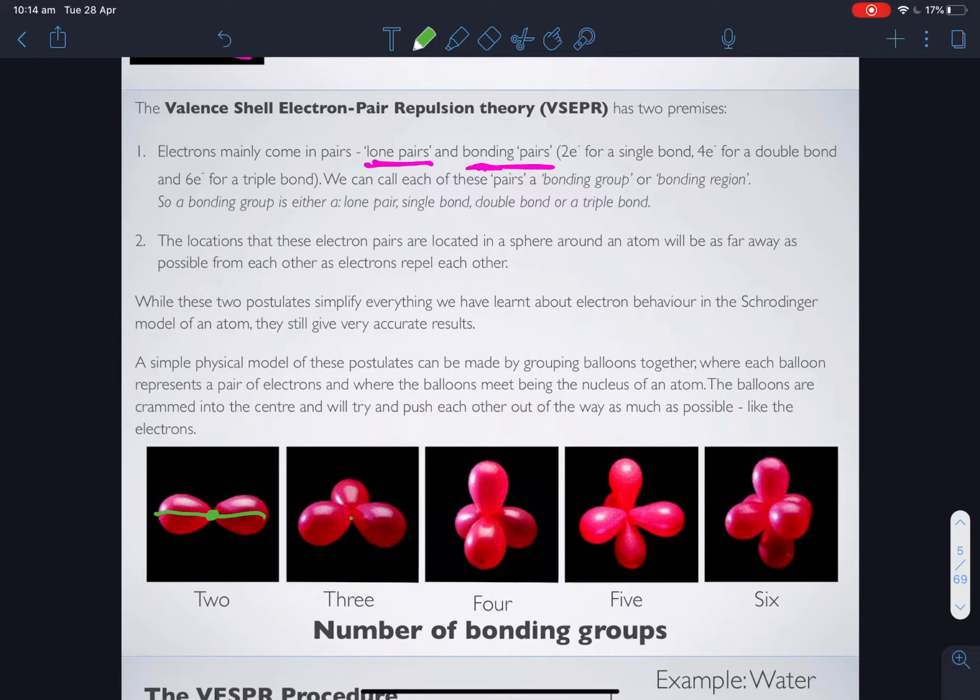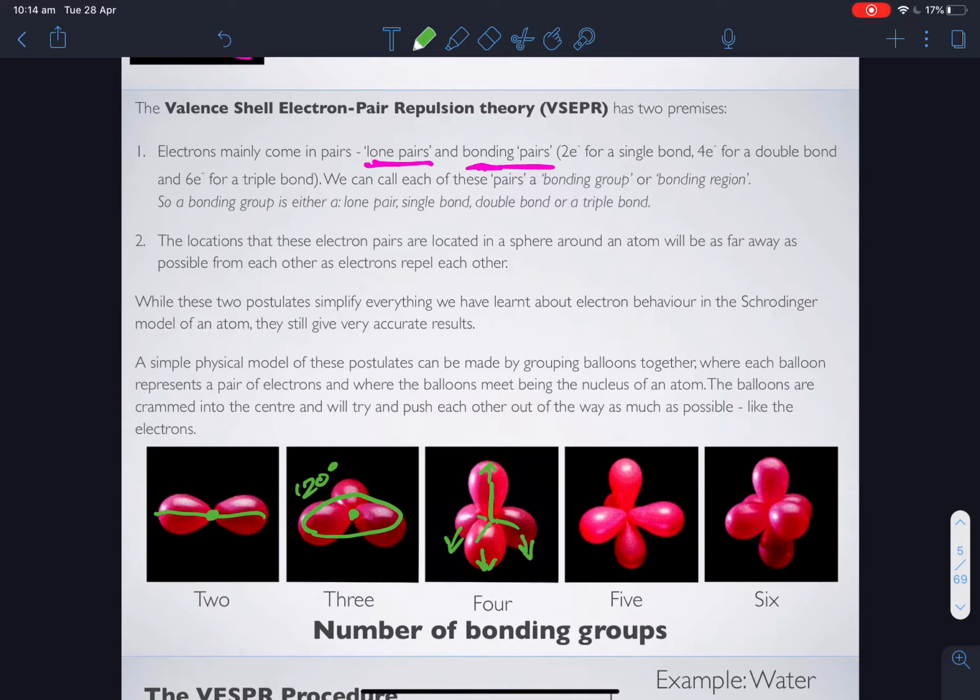Okay? Here with 3, we get this model where 3 are pushing each other away, but they're in the same plane, the same circle. So they're basically 120 degrees away from each other. When we get 4, things become more interesting. You add 1 to the 3, and it pushes the original 3 down from that one up top. So it's no longer in a single plane, but it's truly in 3 dimensions.